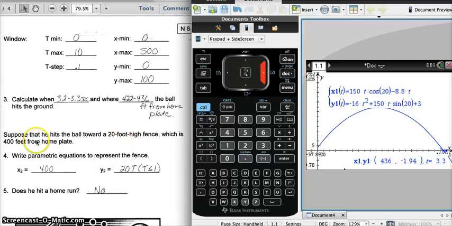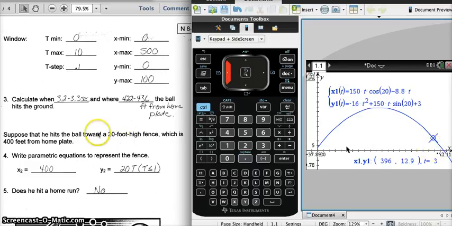So suppose that he hits the ball toward a 20-foot high fence, which is 400 feet from the home plate. So 400 feet from home plate, well, let's backtrack here. 400 feet is in between 3.3 seconds and 3.1 seconds. And at 396 feet from home plate, the ball is at 12.9 feet height above the ground.